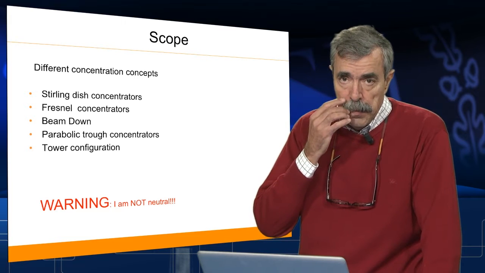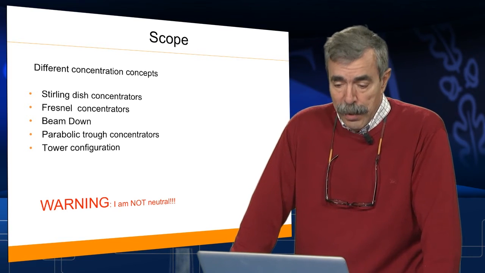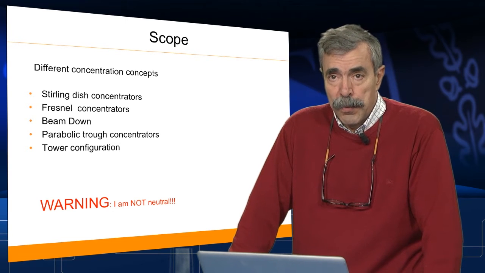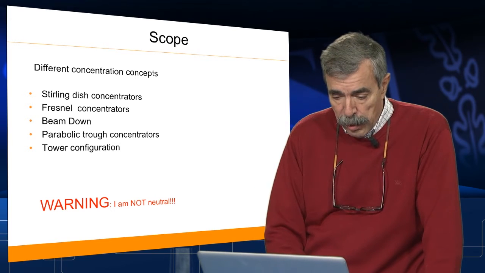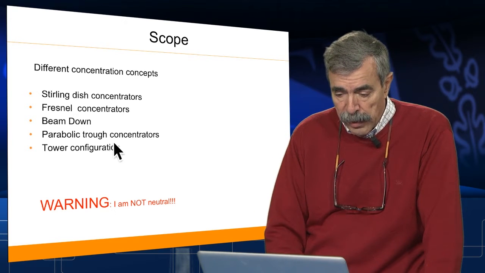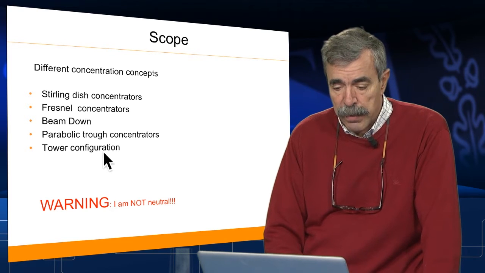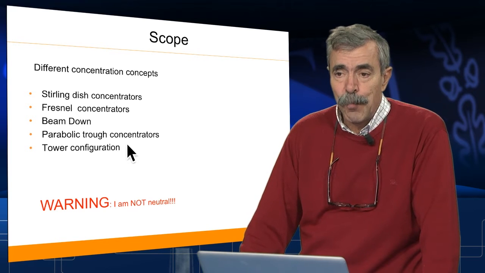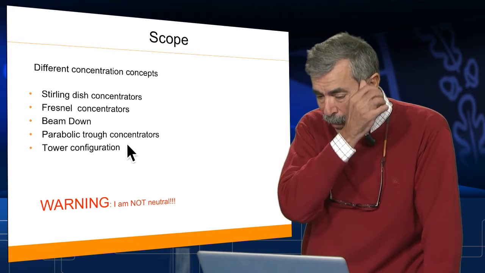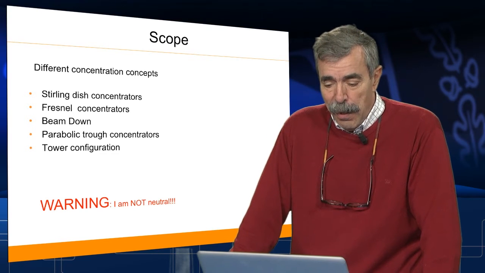But I need to tell you something. I'm not neutral, because in the last 10 years of my life, I've been working on the last two kinds of plants, on parabolic trough plants and tower plants. So maybe I'm much more, let's say, tower-oriented than on the rest of the technologies.